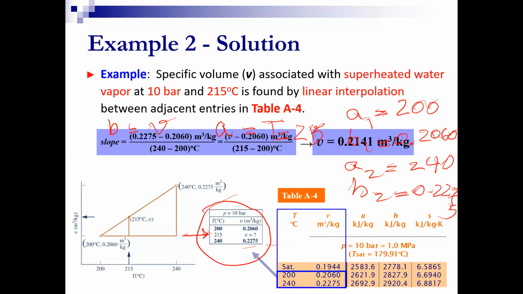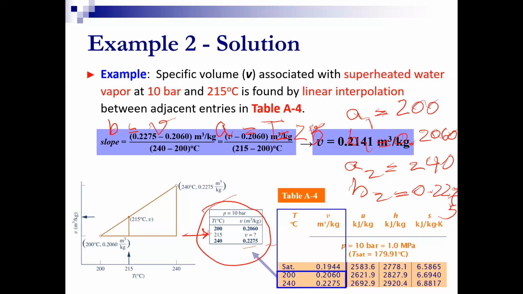We have a more complex condition, which is called double interpolation. Double interpolation happens when neither the temperature nor the pressure is among the tabulated data. For instance, assume that in this problem we were asked to find the specific volume at 215 degrees Celsius and a pressure of 9 bar. 9 bar is not tabulated.